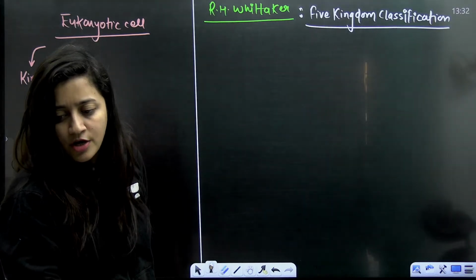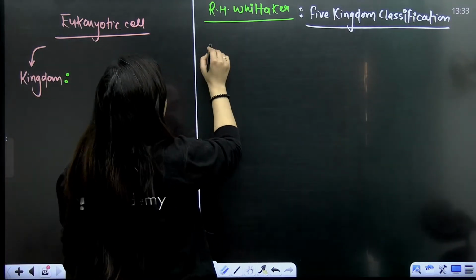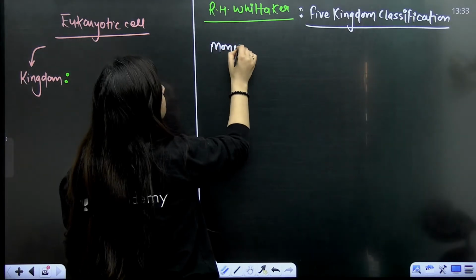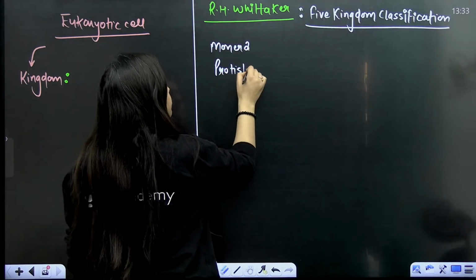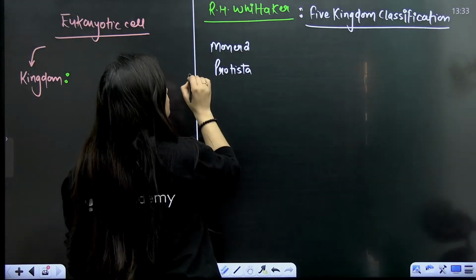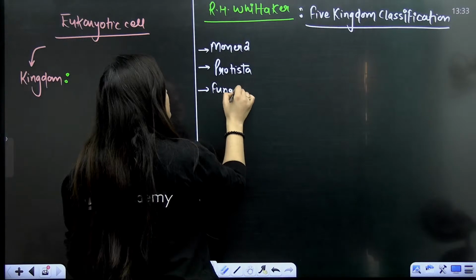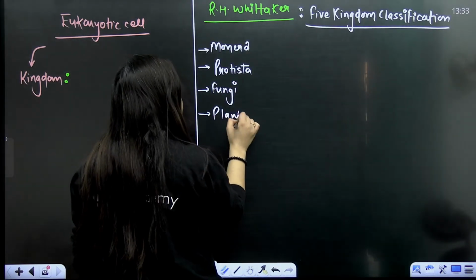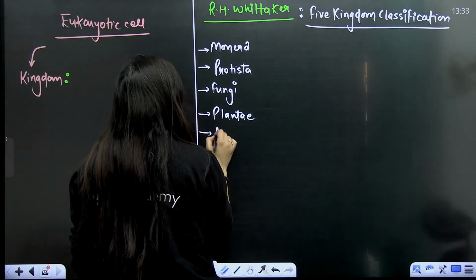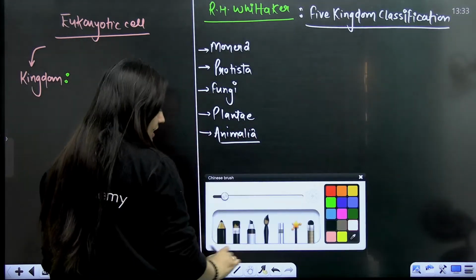So when it comes to the 5 kingdoms, we study the kingdom Monera, kingdom Protista, then kingdom Fungi, where you study the fungus, then kingdom Plantae, where you talk about the plants, and then comes the kingdom Animalia.